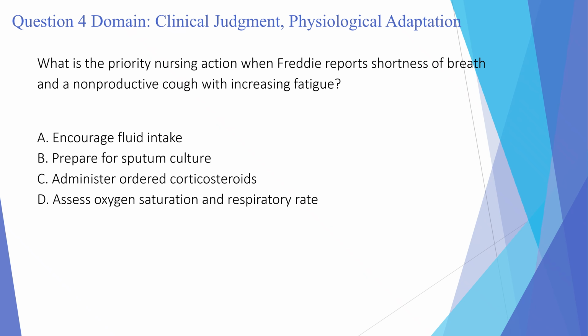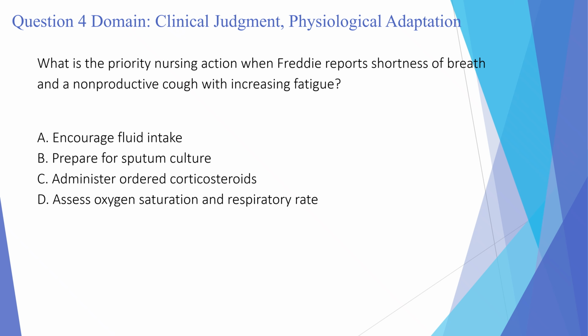Now we are in question 4, domain: clinical judgment and psychosocial adaptation. What is the priority nursing action when our client reports shortness of breath and non-productive cough with increasing fatigue?